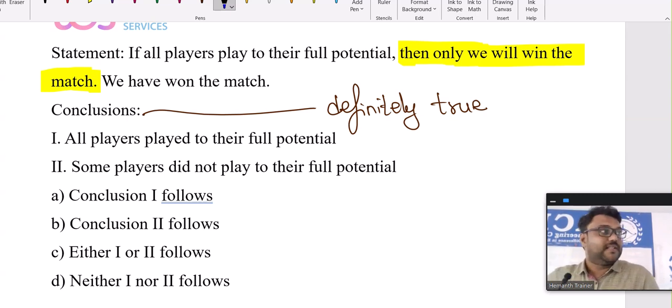We have won the match, which indicates that all played to their full potential, because that's the only way. If they didn't use the word only, I could not consider the first one. This is definitely true because as per the statement, then only we'll win the match. So definitely all players played to their full potential. If some players did not play, then we wouldn't win, right? So they clearly gave it in the statement. So conclusion one follows.